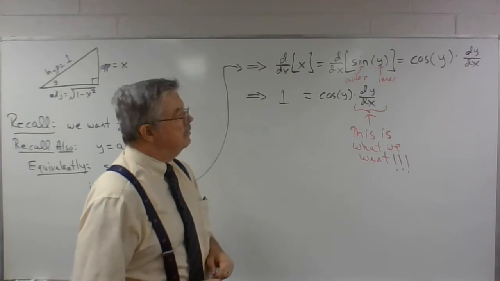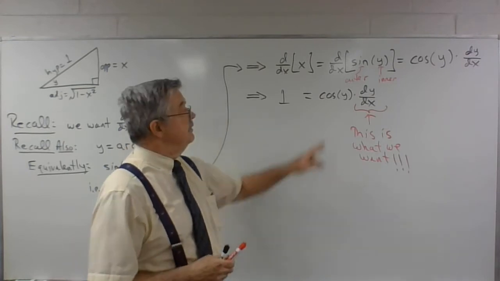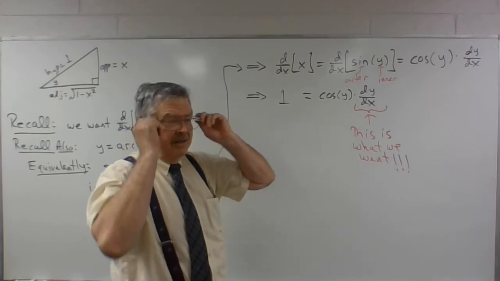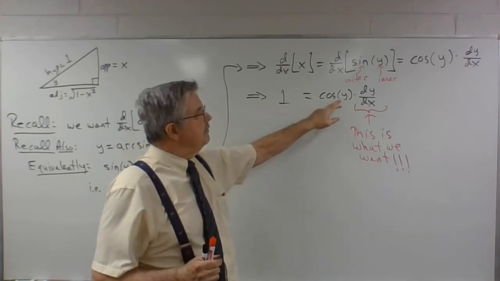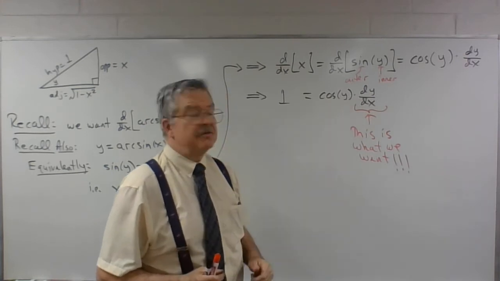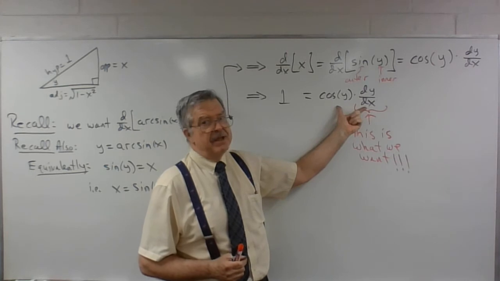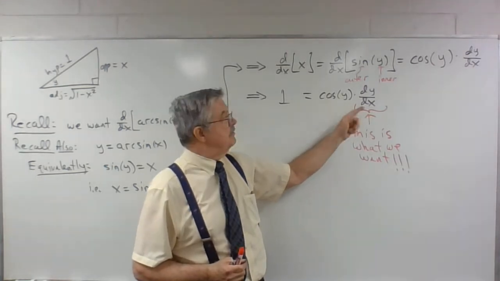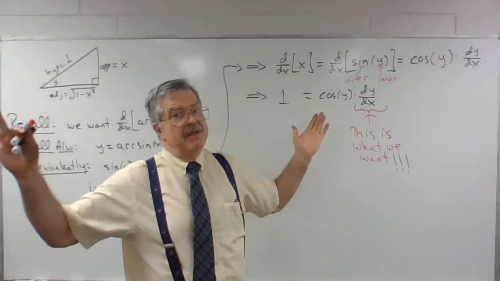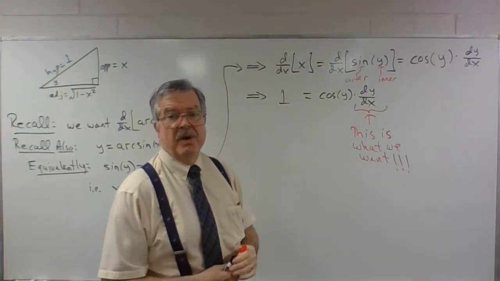But holy moly, how are we going to find it? It's in an equation, isn't it? The right side is cosine of y times dy dx. This is one of two factors that make up the right side of the equation. To find dy dx, we just have to multiply both sides by cosine of y.